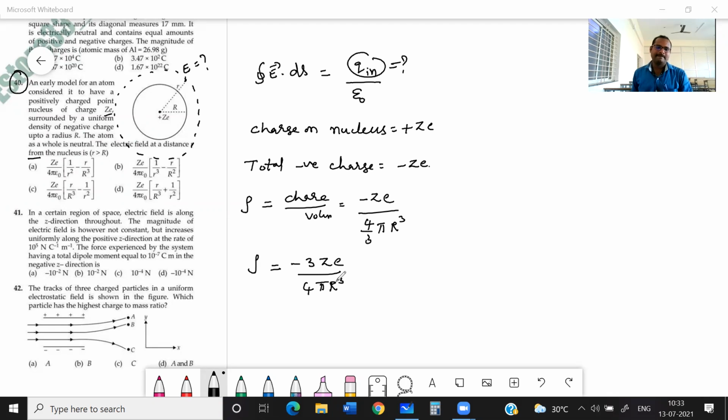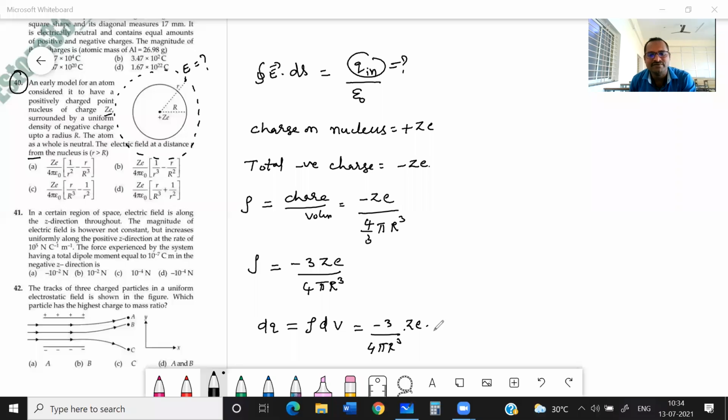Okay. Clear? Now, within this Gaussian surface, how much charge will be there? Let us suppose dq charge is there due to these electrons. This dq charge can be given as rho into dV. Rho value is minus 3 by 4 pi capital R cube into Z, into what is dV?